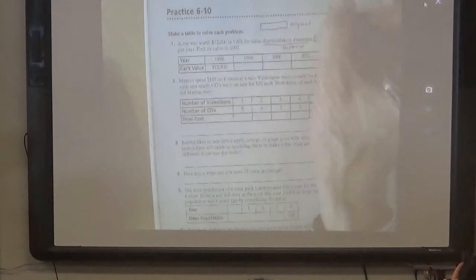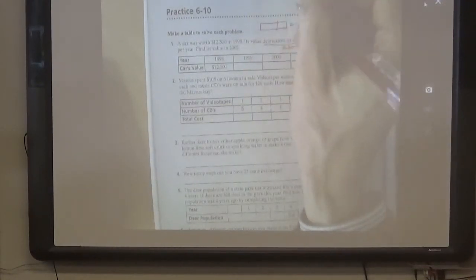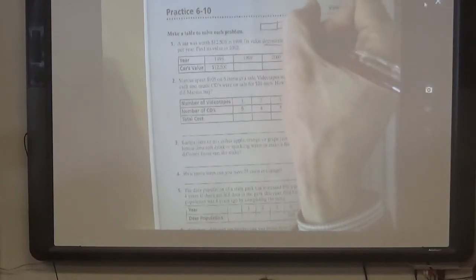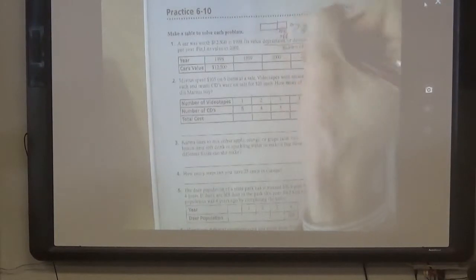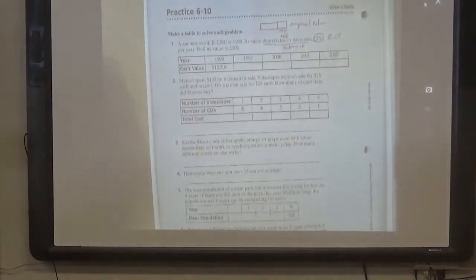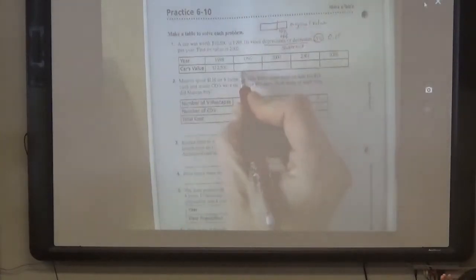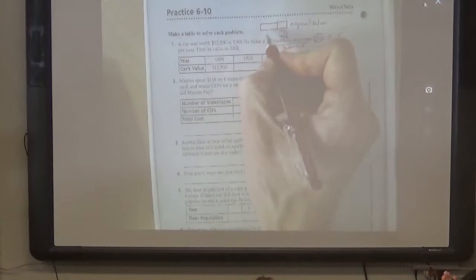So the original value, and then 15% off, would give us a remaining amount of what? Jacob? 15% decreased from 12,500. Mm-hmm. First, gotta find out what 15% is. Well, not to find the value, all we have to do is find the remaining amount.